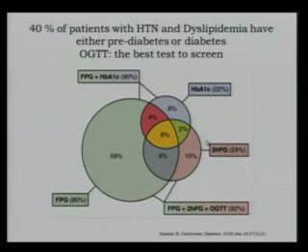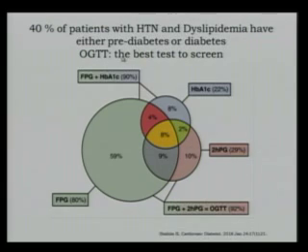So how common is insulin resistance in the population that we see maybe in the primary care clinics or in the cardiovascular setting? Okay. So this is a primary care population with hypertension and dyslipidemia, and looking at whether they have pre-diabetes or diabetes. It turns out nearly 40% of this population has either diabetes or pre-diabetes.